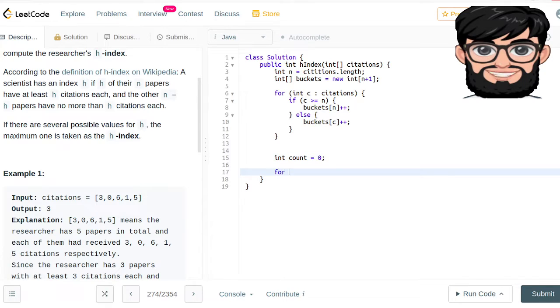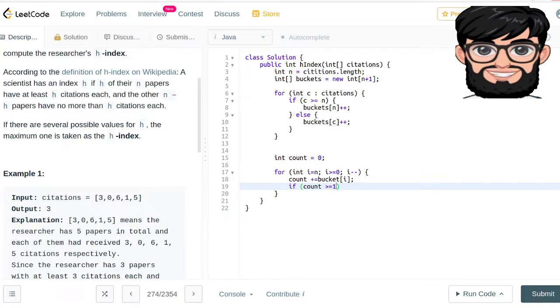Once we come out of this loop, we're going to say our count is equal to 0, and we're going to go through the biggest to the smallest bucket: for int i equals n, i greater than or equal to 0, i--. We want to keep incrementing our counter based on the value of the bucket itself, and we want to stop right where we have achieved the desired count.